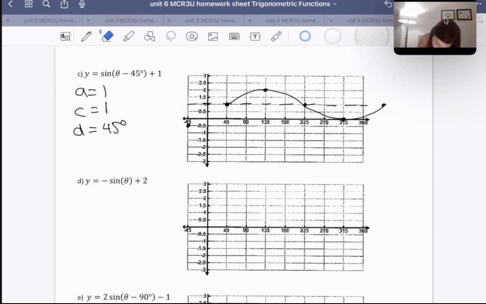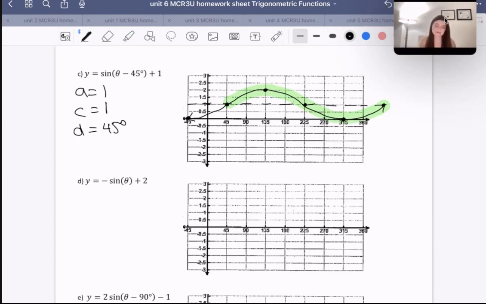Oh, and this one, sorry, should actually be here. So there it is. So one cycle of this, I want to be clear, it's just this part, right? This other part I just drew because that was where the graph was. Let's put some arrows on that to show that it does go forever.